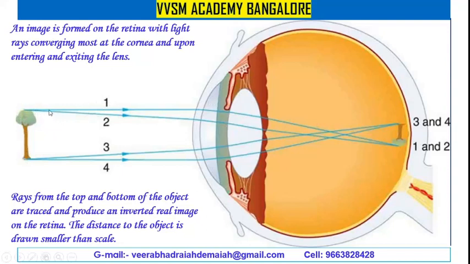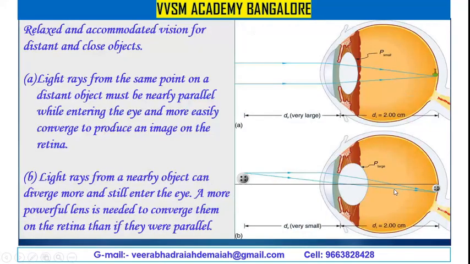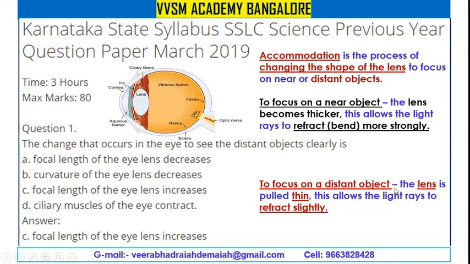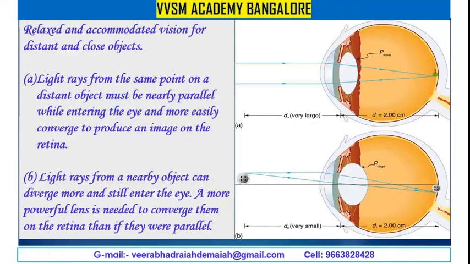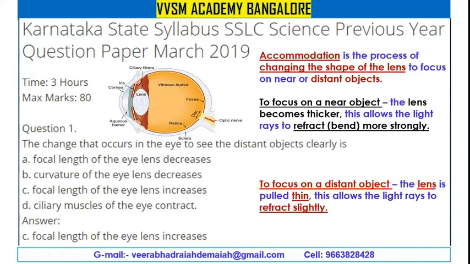The rays from the top, 1 and 2, and at the bottom it will be on the retina, and 3 and 4 the top of the image. That is, it will be inverted on the retina, and it sends the message through the optic nerve. So this is a very important thing to discuss, and relaxed and accommodated vision for distant and close objects.